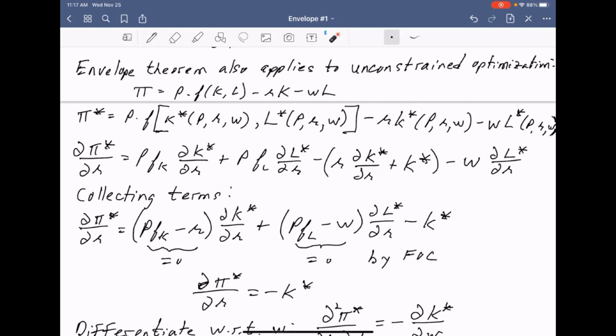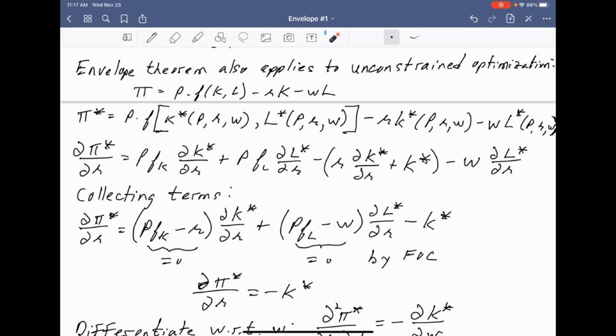If we take the derivative of the indirect profit function with respect to the price of capital, if you like, then we get price times the marginal product of capital times the partial of the derived demand. That's what this is.